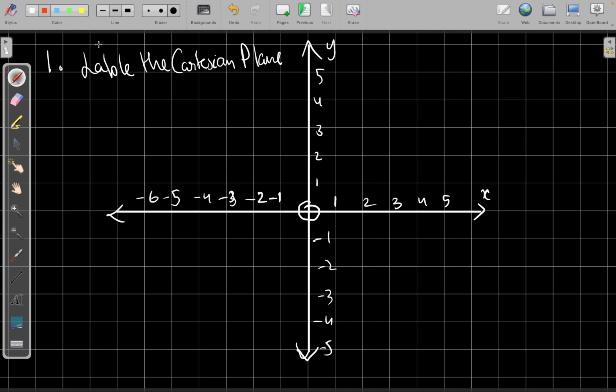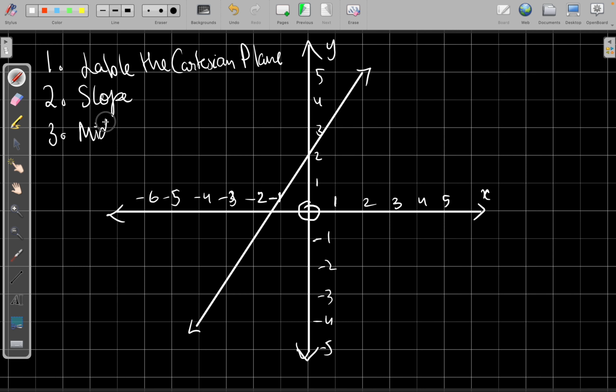And now your next task is to find, firstly, the slope of this line, the midpoint of these 2 points.